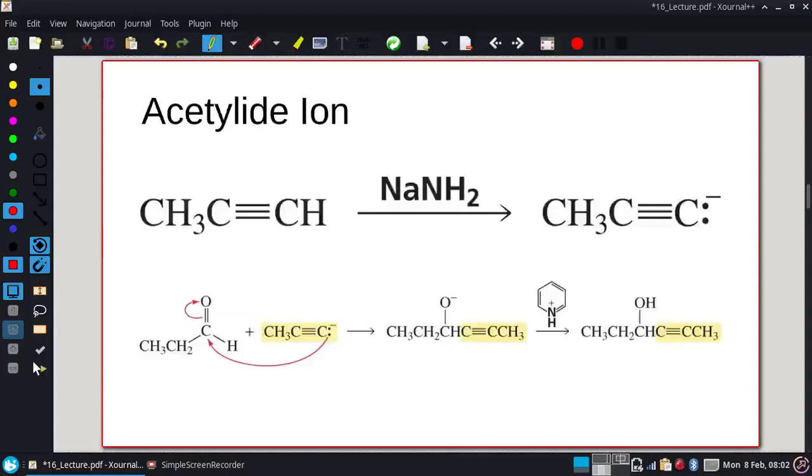All right. Other ways we can do couplings and other ways we've introduced is with the acetylide ion, and that's where we take a terminal alkyne, treat it with a very strong base, NaNH2, make an ion out of it. Well, this ion is nucleophilic, and it will also do a backside attack and go on there.